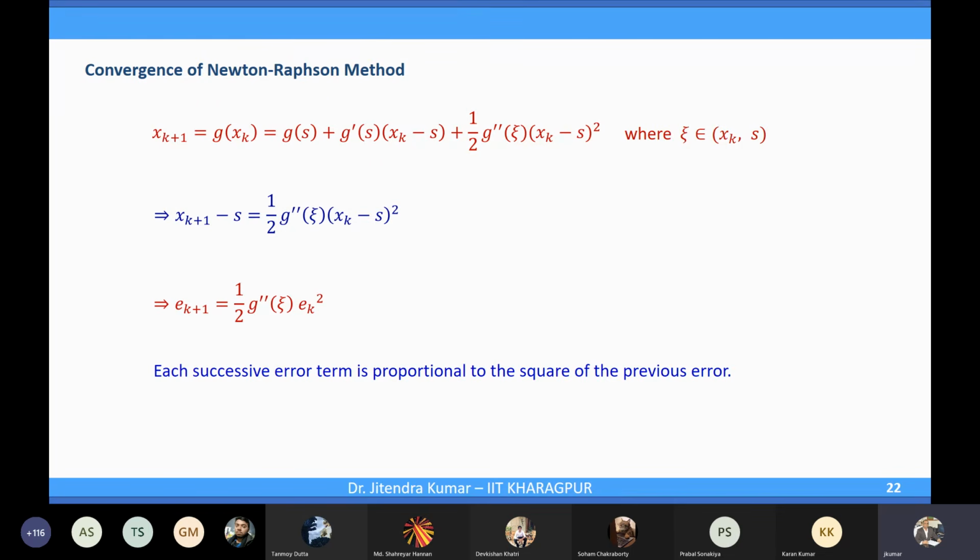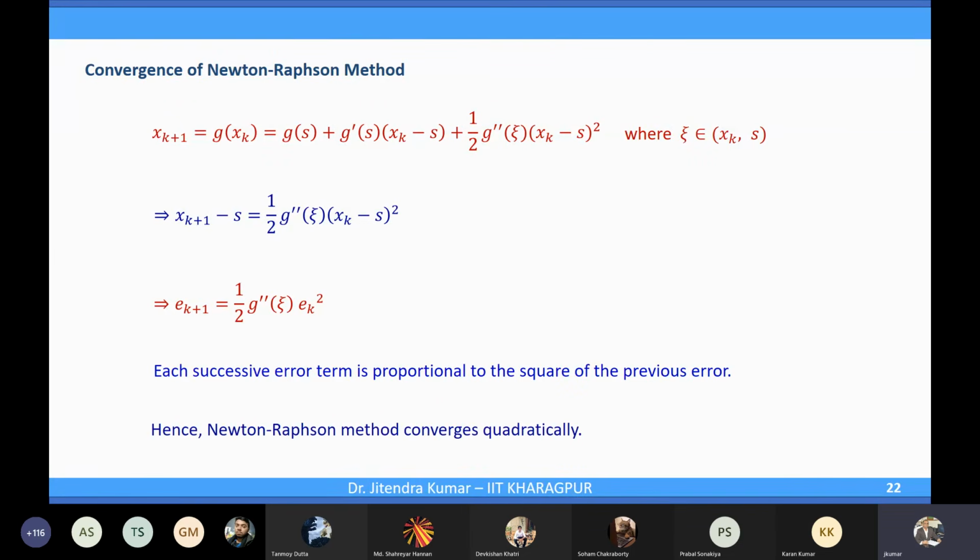Numerically you will observe what exactly you said: there is no guarantee from here. If the error is bigger than 1, it may happen that in the next step it is even bigger. Those things will come, but convergence is guaranteed if you have an approximation in the vicinity of the exact root.